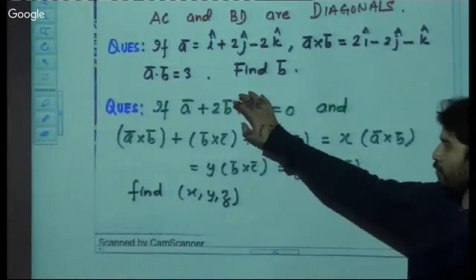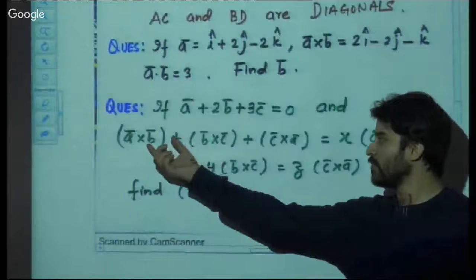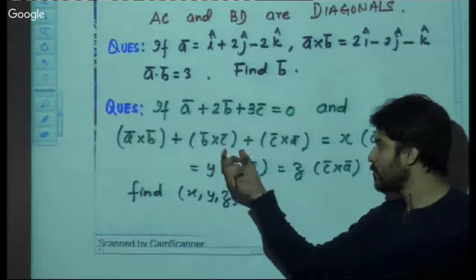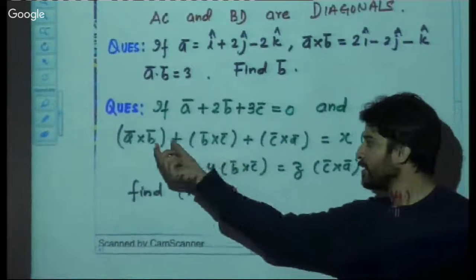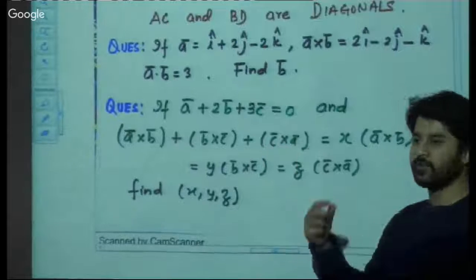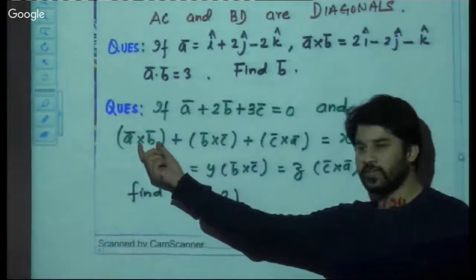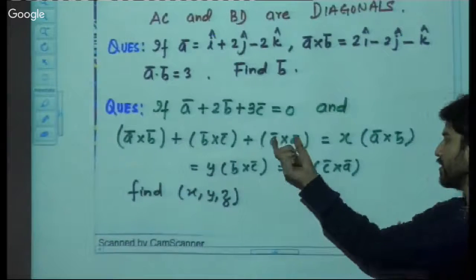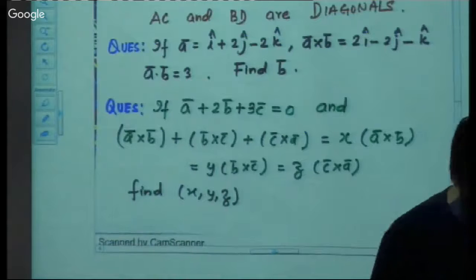So it means we have to play with this, and we have to find this in terms of A cross B, so that we can get X. Similarly, we have to find this in terms of B cross C to get Y. Then we have to find this in terms of C cross A, and this is already in C cross A, to get Z. How to go for it?